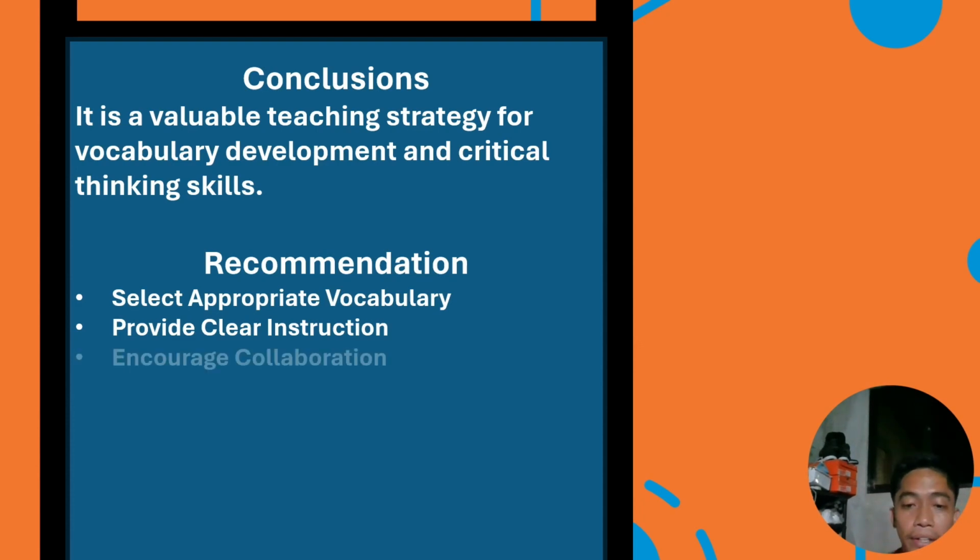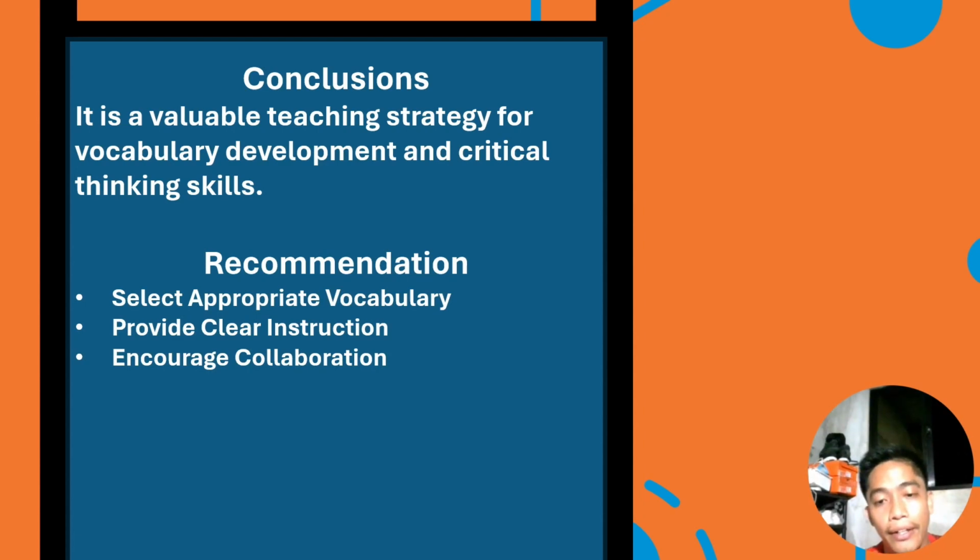Number three is to encourage collaboration and discussion. So we have to foster collaborative discussions among our students or learners during the analysis process. And then encourage them to share their observations, make comparisons, and ask questions to deepen their understanding.